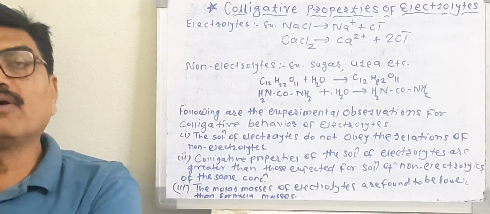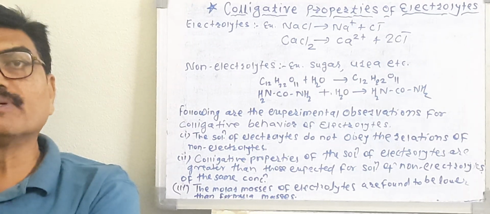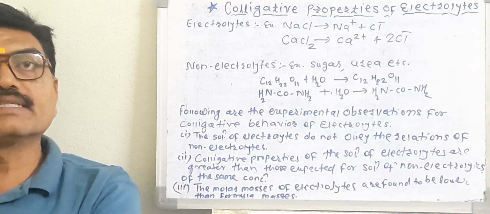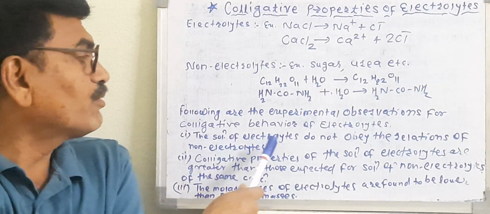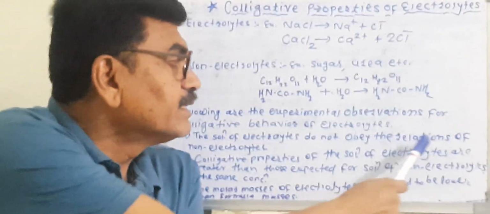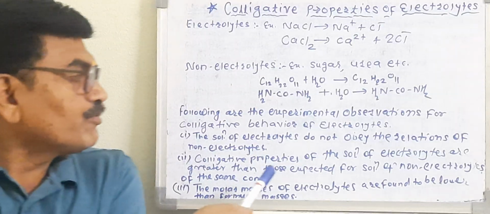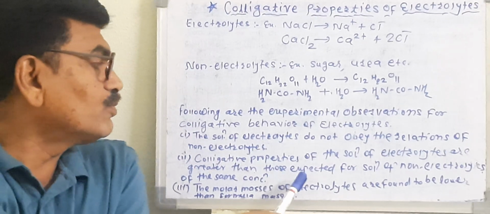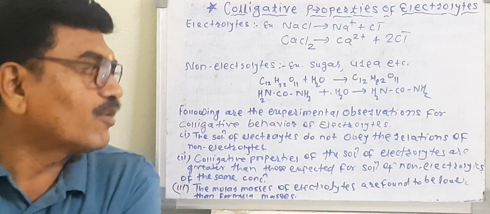As I have already said, the approach to colligative properties for electrolytes is totally different from that of non-electrolytes. Furthermore, colligative properties of the solutions of electrolytes are greater than those expected for solutions of non-electrolytes of the same concentration.